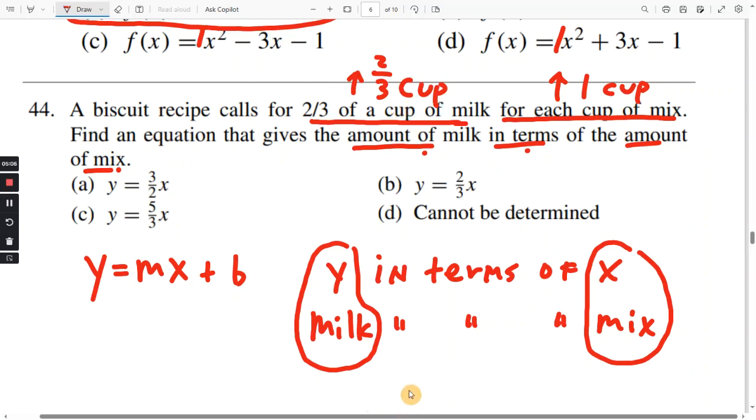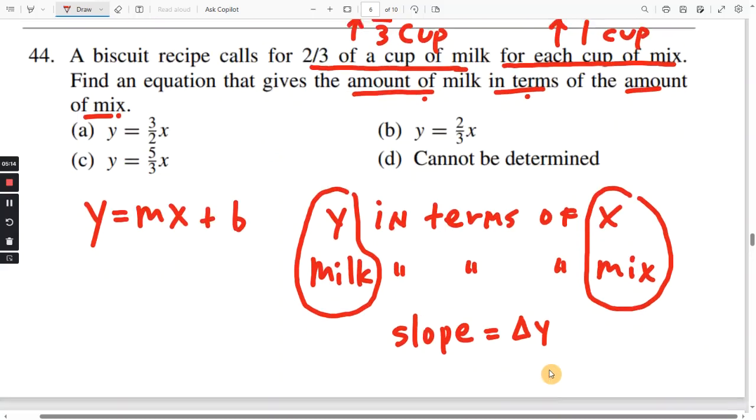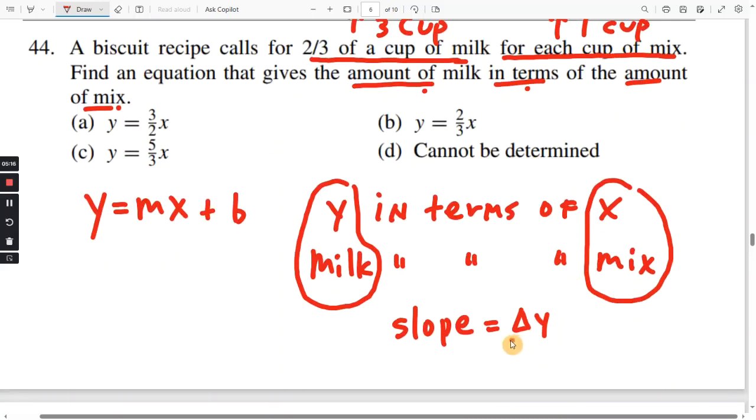So remember the slope. That's basically change in y divided by change in x, delta y over delta x. We said y is the milk, so it's going to be the change in the amount of milk. That triangle is a Greek letter delta. It just means change.